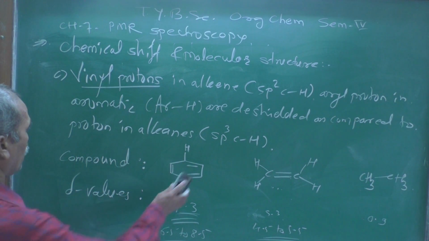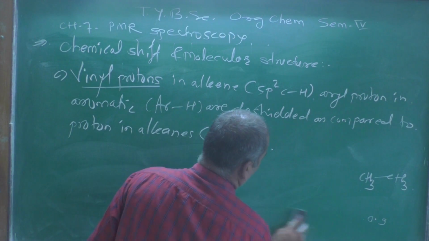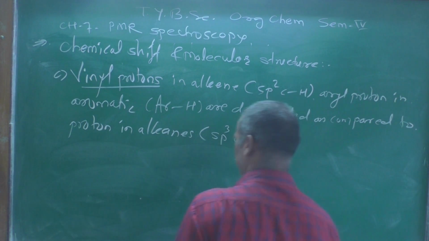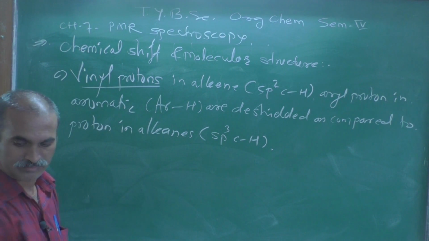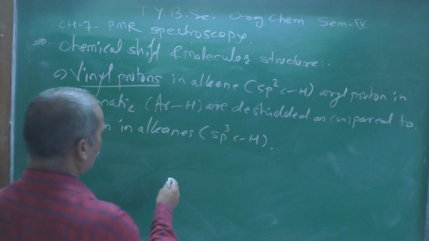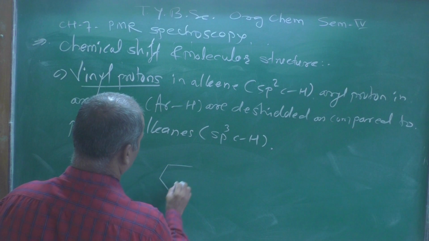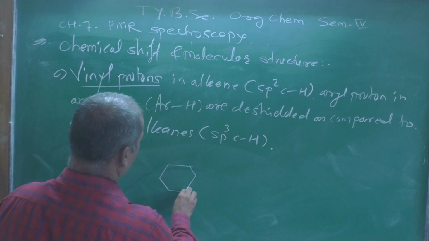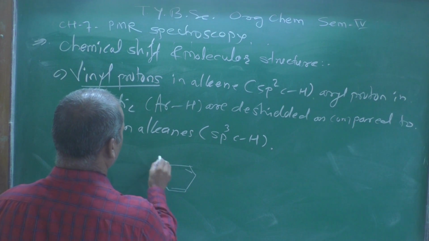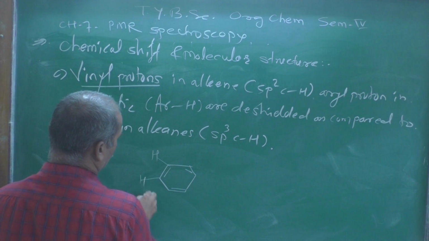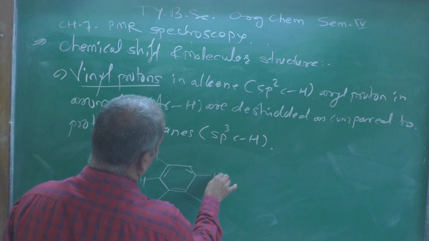Let's see this with the help of an example. Let me explain this point here. I am drawing the structure of benzene, and we know that benzene has 6 protons which are identical in nature.